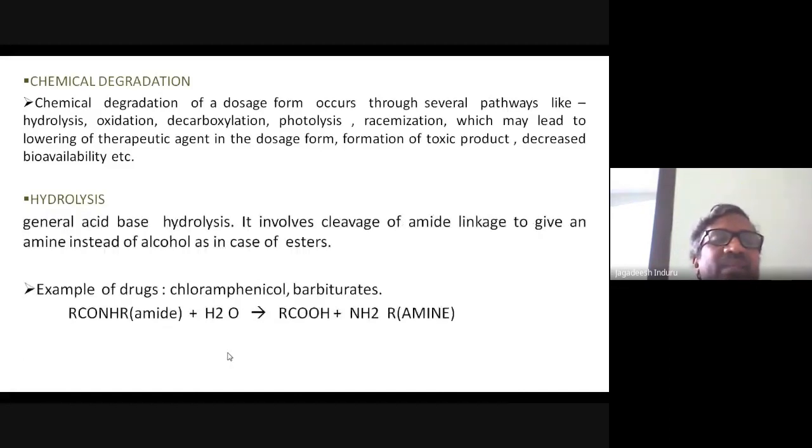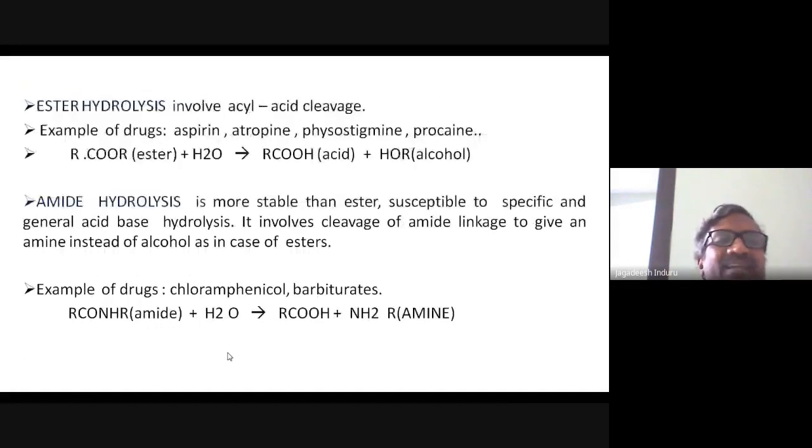Most of the time, ester hydrolysis involves the breakage of the ester bond, like RCOOR. This is what so many drugs contain. Of course, this is R1 and R2; both need not be the same, though in some cases they may be. In that particular case, R is the functional part of the drug, present with a carboxylic group, in the presence of water, H2O.